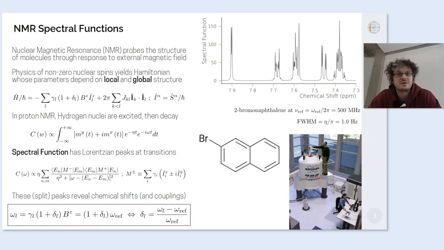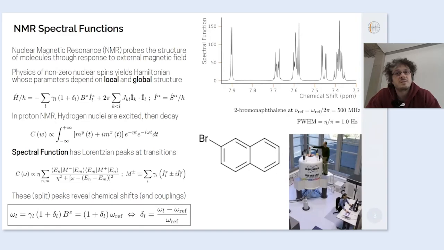The resulting spectral function, which we can also write in terms of the eigenstates of the nuclear spin Hamiltonian, has peaks at the Larmor frequencies of these nuclei, which helps us identify the specific molecule, and the way that these peaks split apart can also help us learn something about the global structure of the molecule.